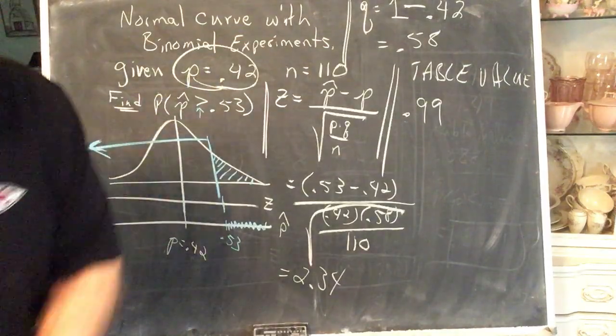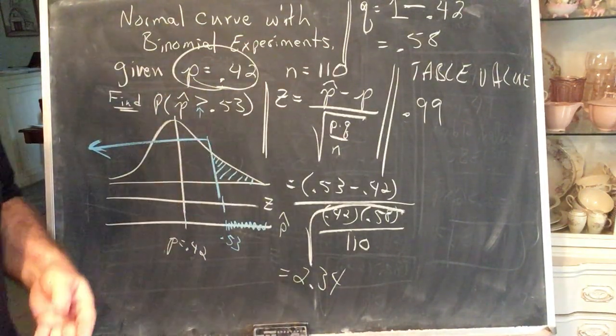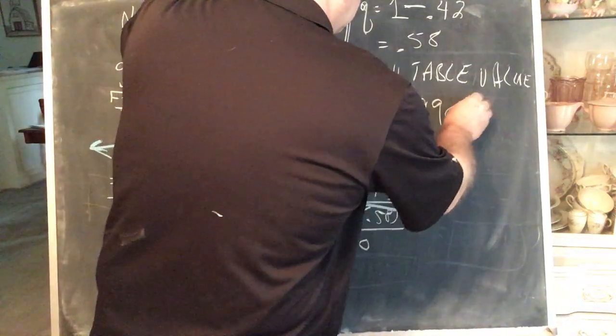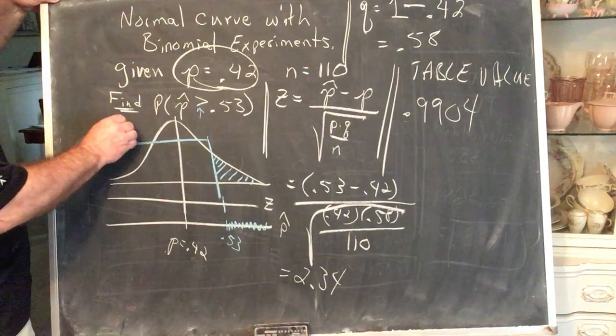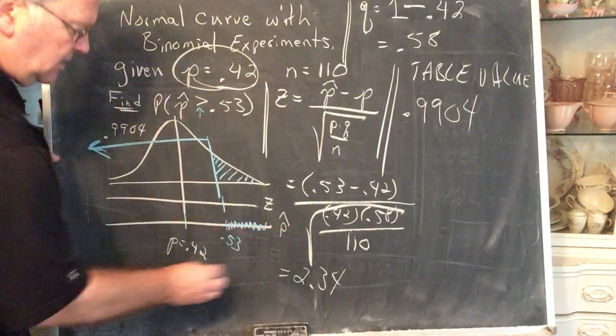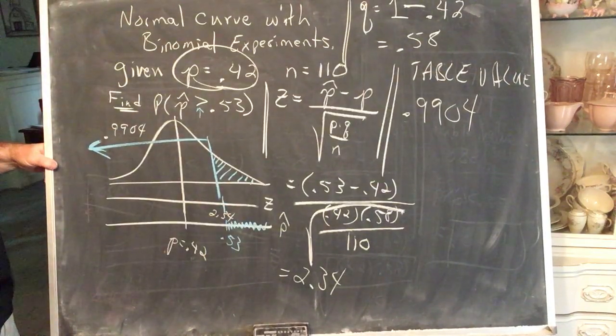What did I say that was? 2.34, 0.9904. And that number goes here, 0.9904. Our 2.34 goes here.